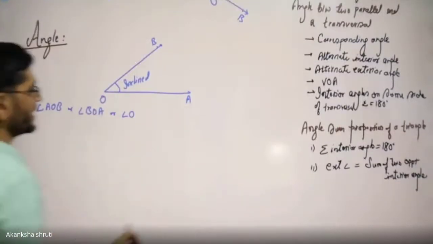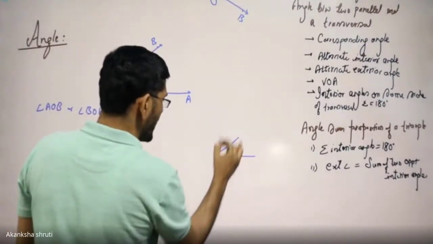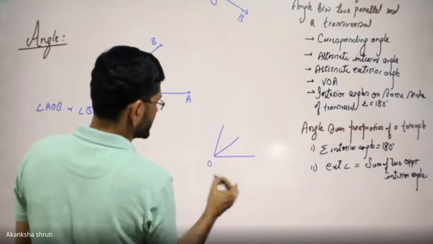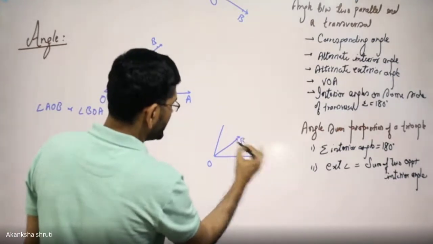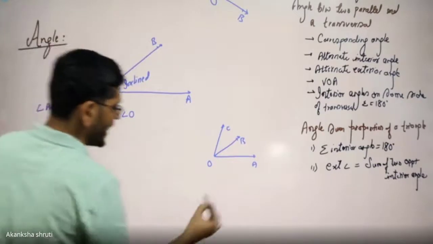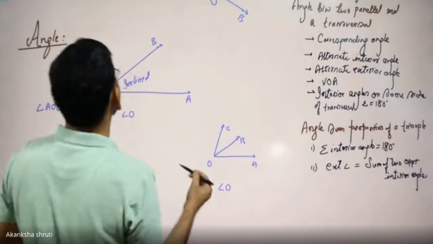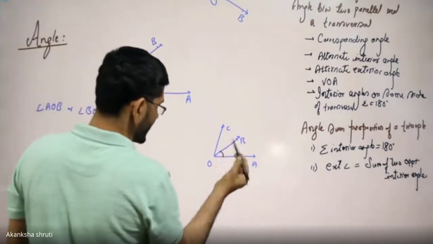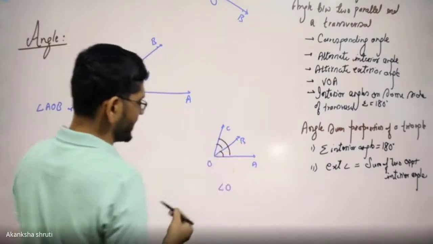But keep in mind, if from one point there are more angles, consider this as O, A, B, C. These are the three rays. Then you shall not use angle O, because this creates confusion whether you are talking about this angle or this angle or this angle.